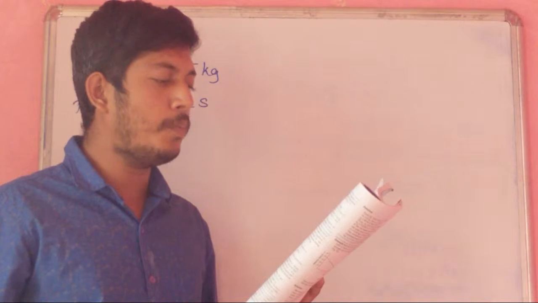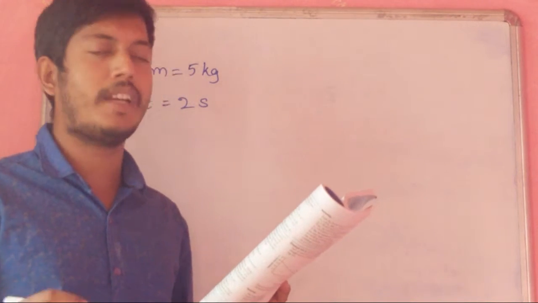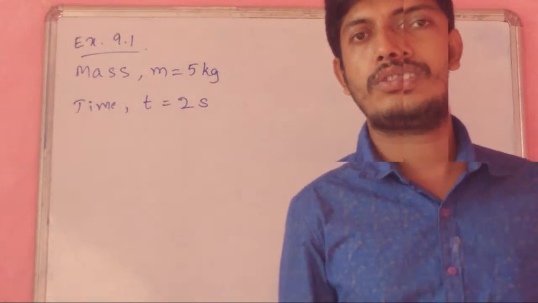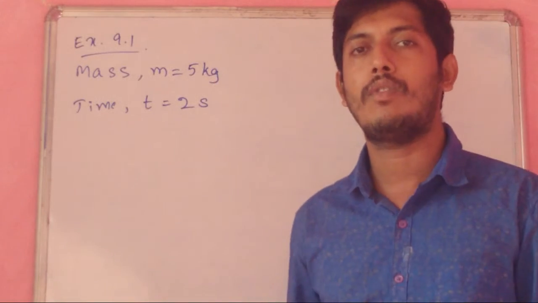It increases the object's velocity from 3 meter per second to 7 meter per second. As I told you, the first given value is initial velocity and the second given value is final velocity.